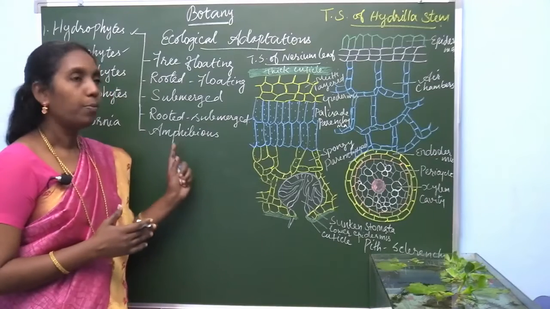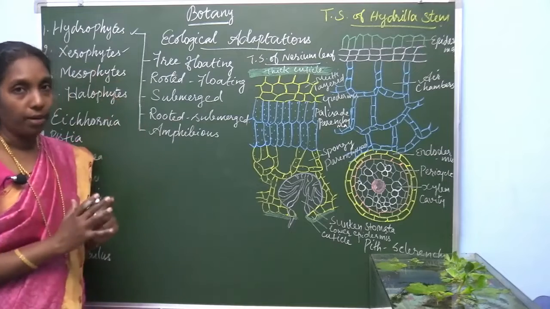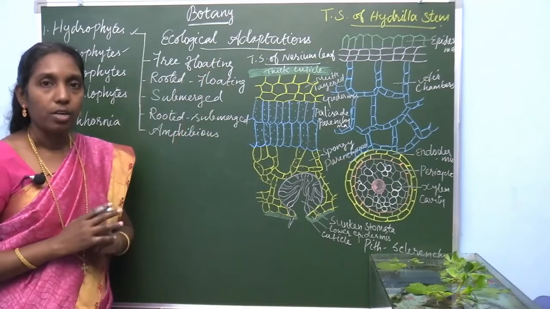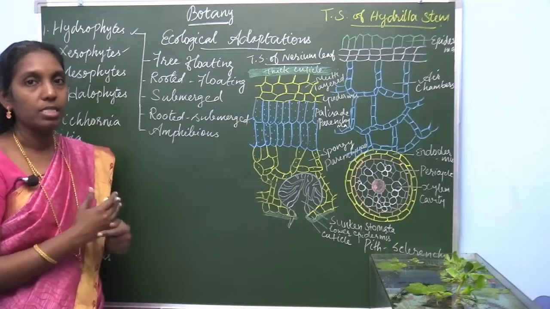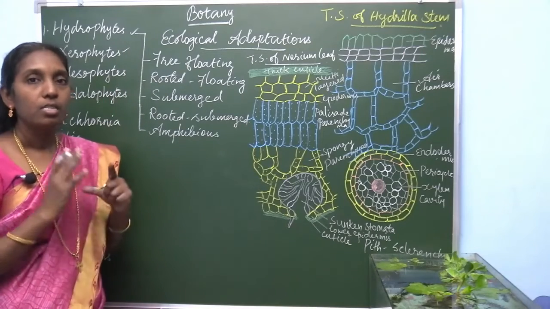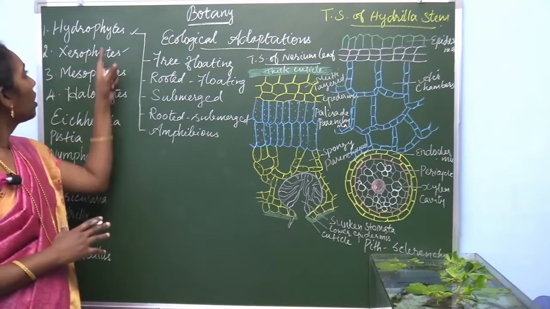So, amphibious hydrophytes. First, the classification based on ecological adaptations and habitat: the plants are classified into hydrophytes, xerophytes, mesophytes, and halophytes.